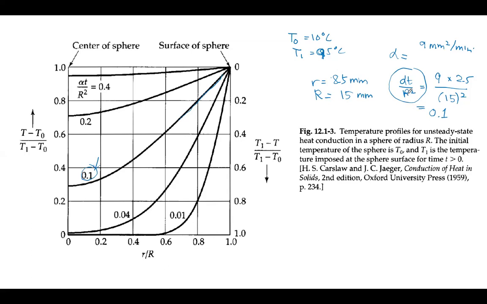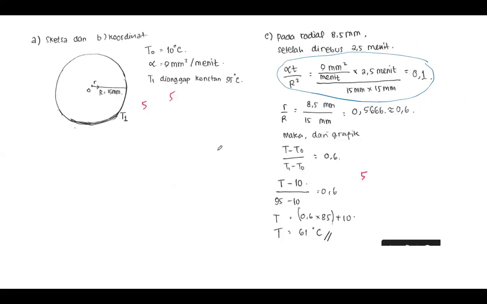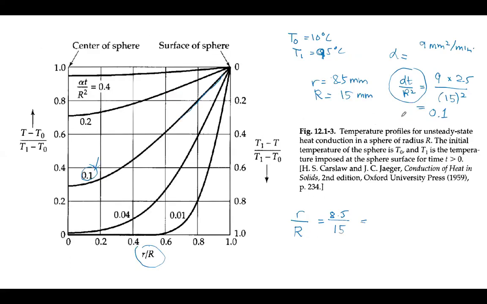And then the next one, we can calculate the position. The position is r divided by R, which is 8.5 divided by 15. So we can check over here. So 0.56, maybe 0.566.